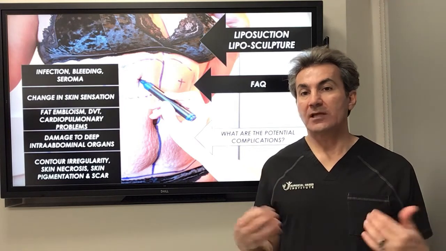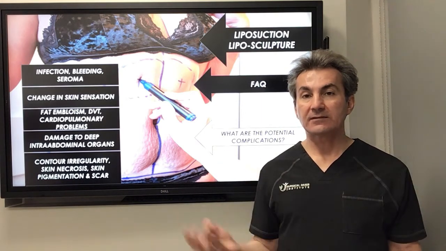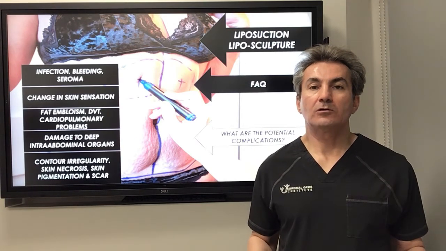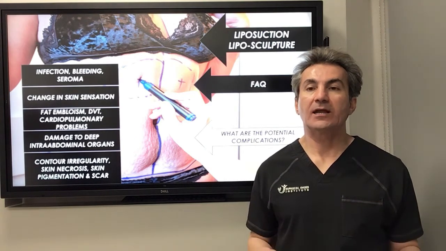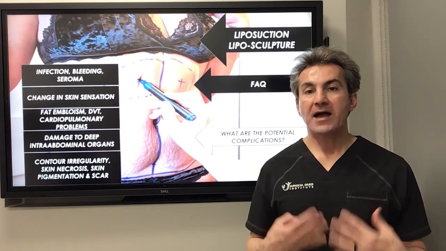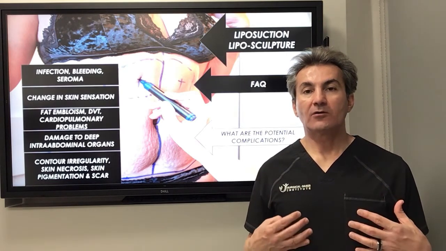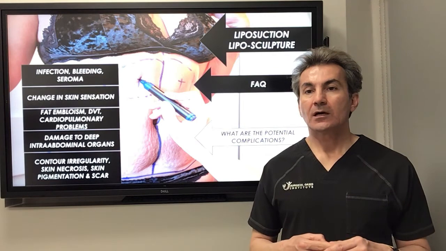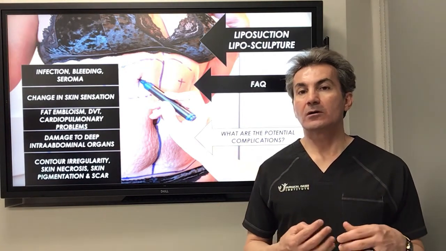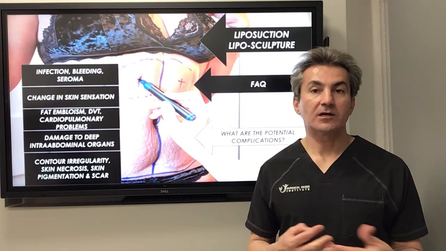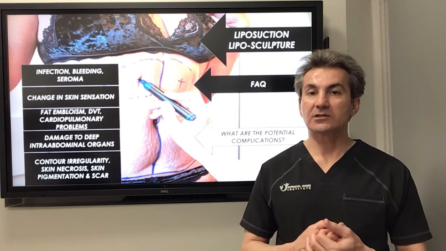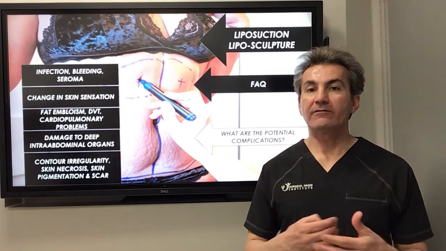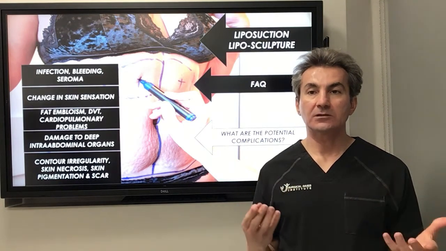So some of these patients would have a drain if it's a very extensive liposuction, or if it's minor liposuction, they just have their liposuction holes left open for post-operative drainage, and some of them require manual drainage with appropriate massage after the surgery. The risk of bleeding and infection is very low, maybe less than 1%, but seroma is very common, and requires very close attention to the post-operative instructions.